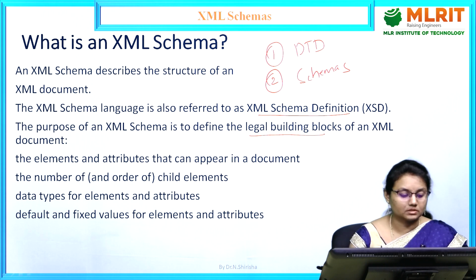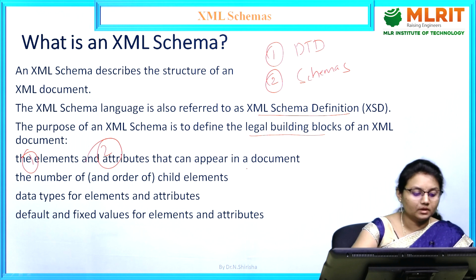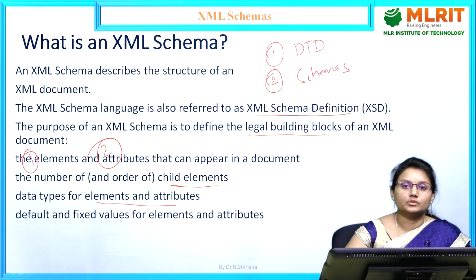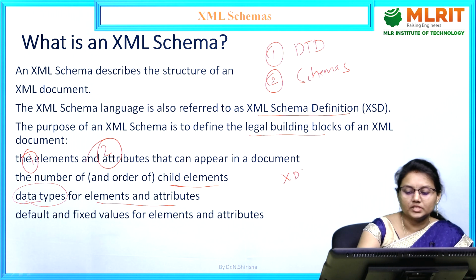What are the building blocks? Elements, attributes that appear, the number of child elements, and data types for the elements and attributes. This data type is new. We don't have data types in DTD, but we have data types in XML schemas.